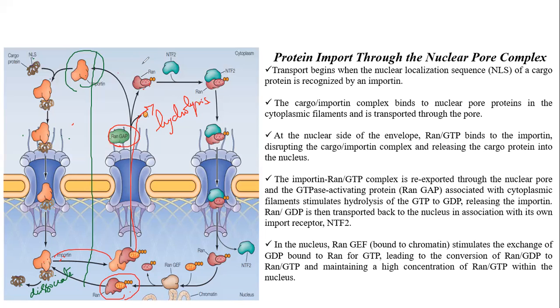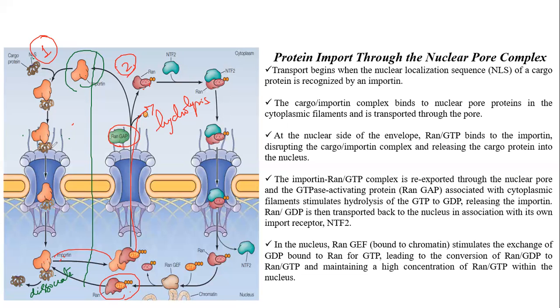Okay, able to follow? This is the second part of your nuclear transport. This is the first part of your nuclear transport. So the first issue was that importin had come inside, and now we have brought it back out, so that it is ready for another protein to bind and bring inside the nucleus.